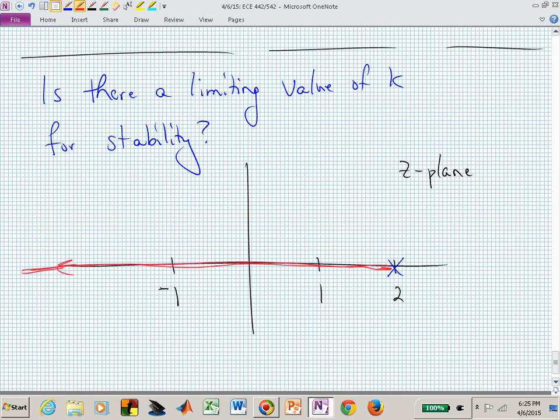But, so this is now our root locus. That's the locus of closed loop roots of our closed loop transfer function, denominator roots, as k goes from 0 to infinity. Can we identify points on that root locus that determine the boundaries of stability?